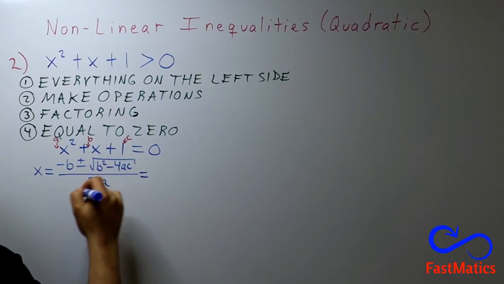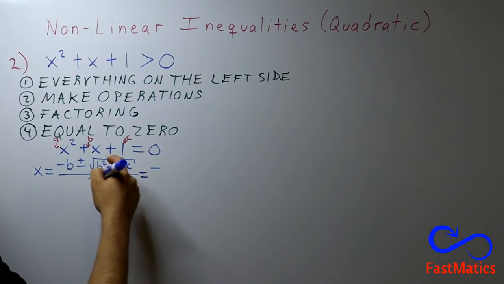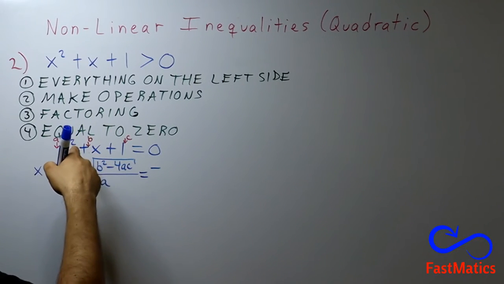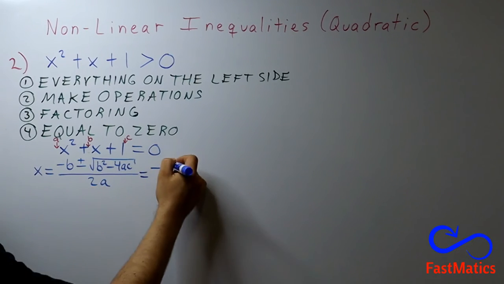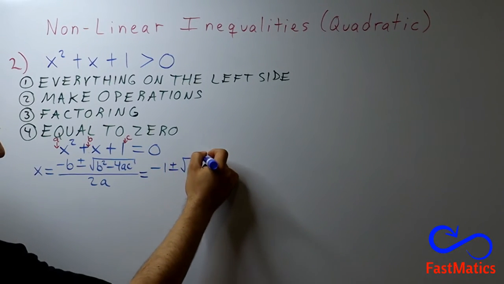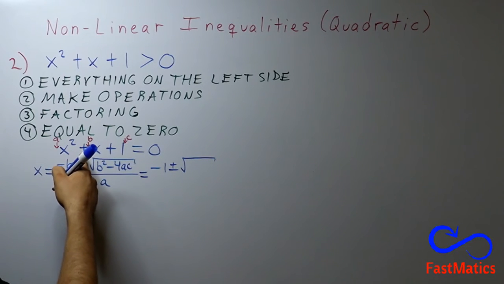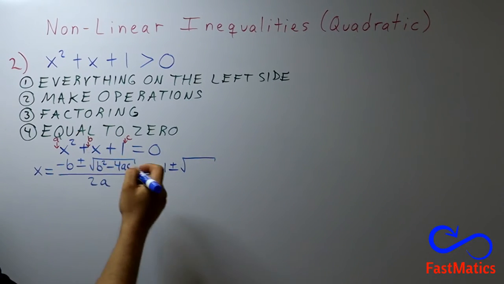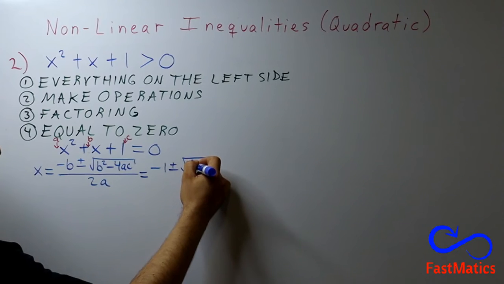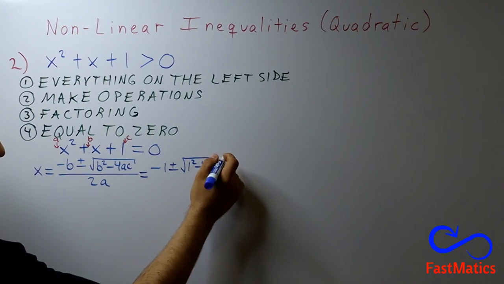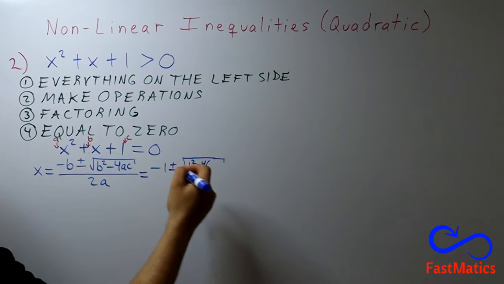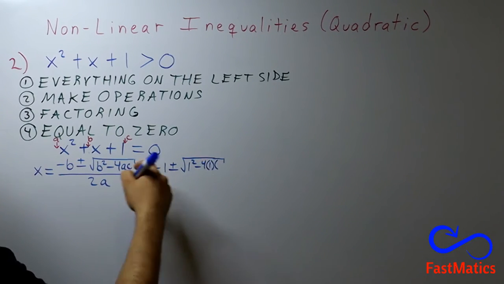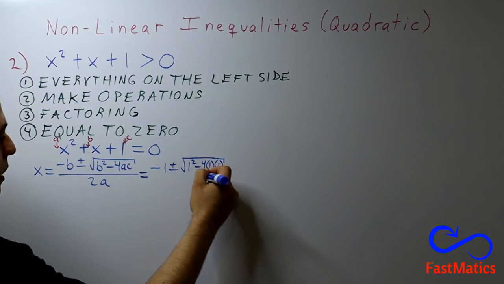So here we have negative, the value of b is positive 1, so minus 1, plus or minus the square root of b squared, that is 1 squared, minus 4 times a, the value of a is 1, times c, the value of c is 1.